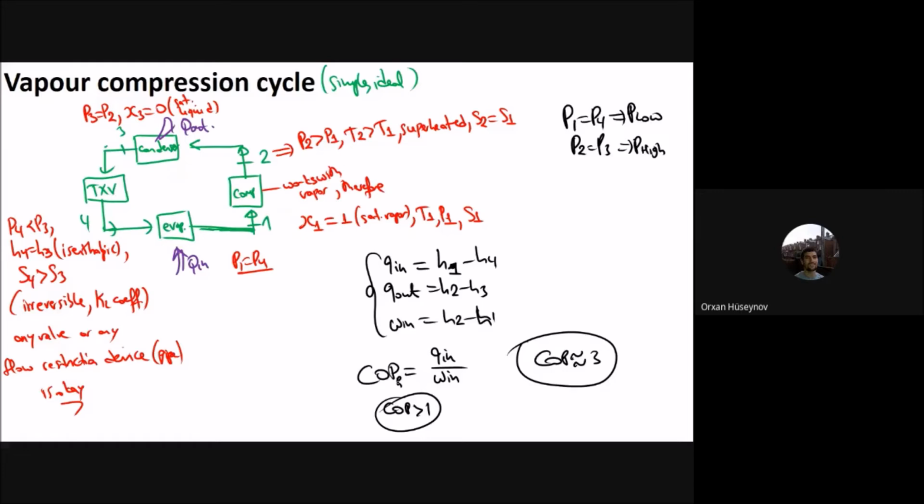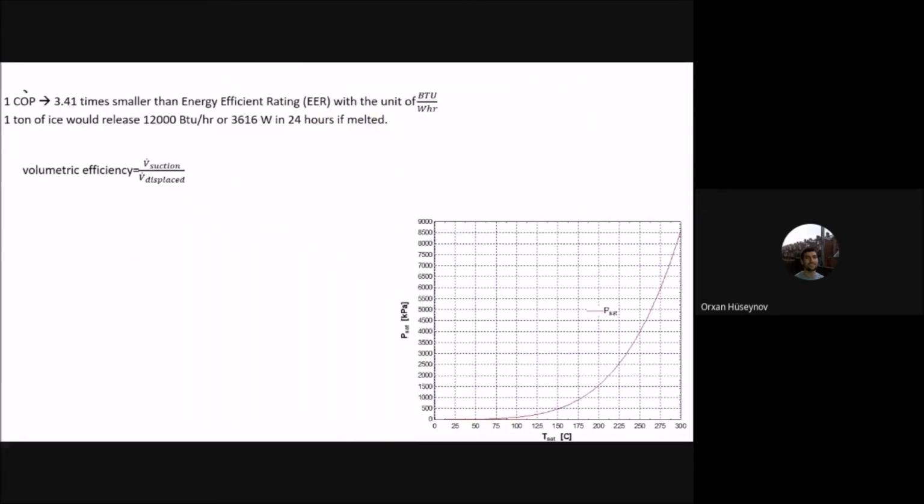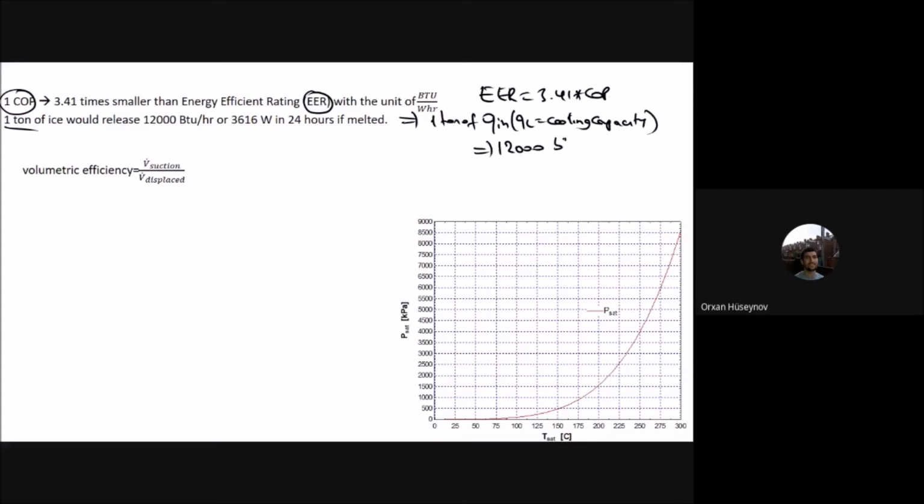Now let's go back to here. We have one unit which is COP, which is dimensionless, but we also use EER. EER is 3.41 times COP. And we also use the ton: 1 ton of Q in, where Q in is QL, the cooling capacity. 1 ton means 12,000 BTU per hour, or 3616 watts.